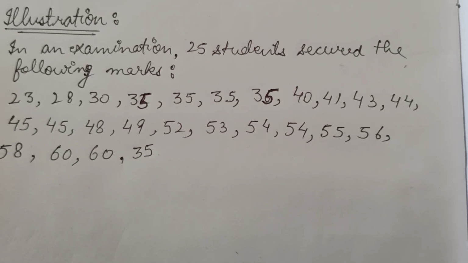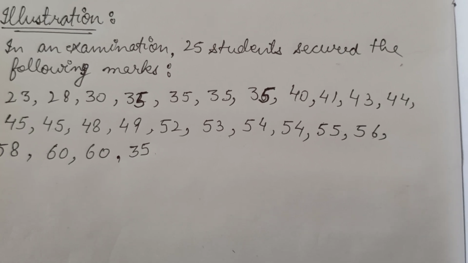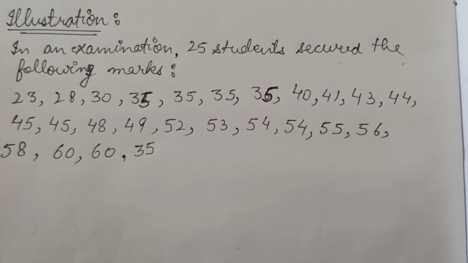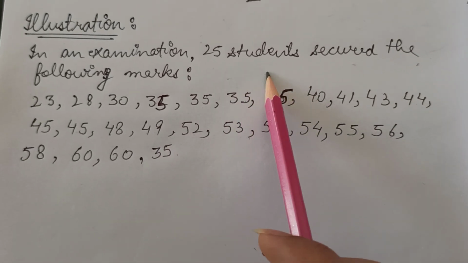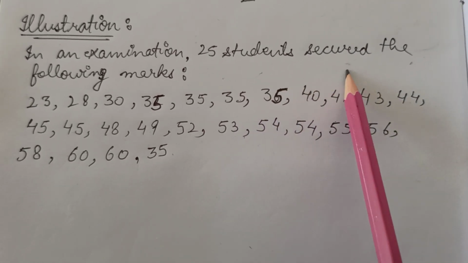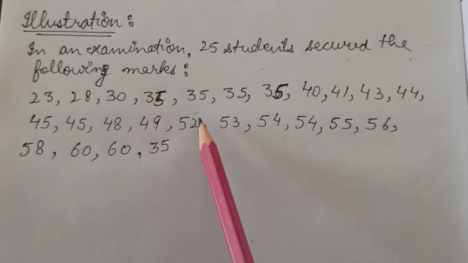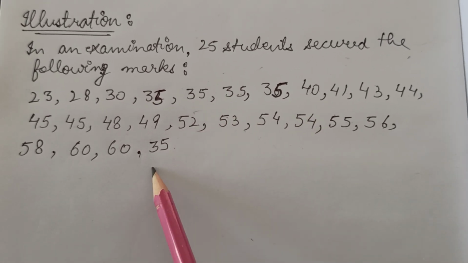So in today's video, we will learn how raw data is converted into various types of statistical series. This is the raw data given, about 25 students who secured the following marks in the subject statistics. Firstly, we will convert this raw data into an individual series.